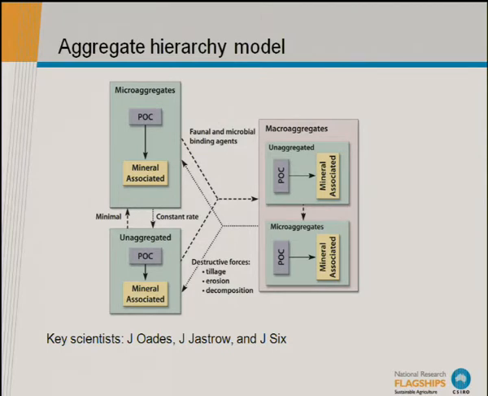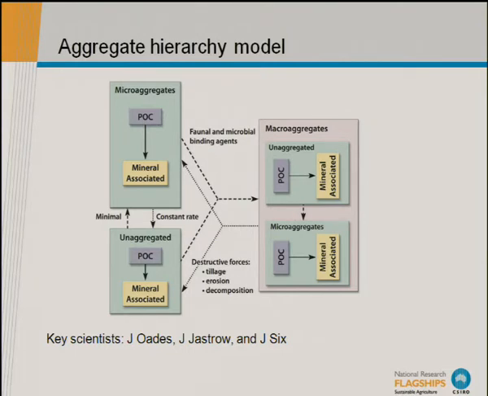This is versus unaggregated material, particulate organic matter floating around in the soil, which might be more susceptible to microbial processing, whereas the stuff that's associated, especially inside these microaggregates within macroaggregates, is probably much more protected than stuff that's floating around without any sort of mineral protection.